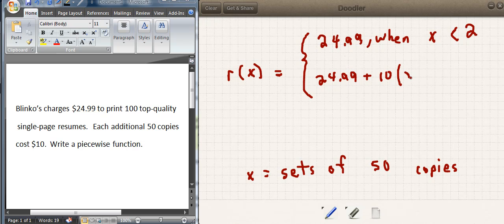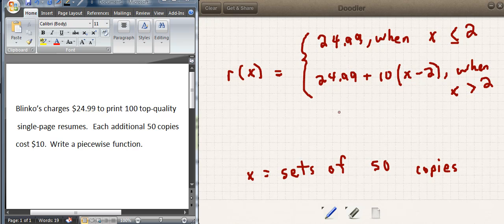So can I say X minus 2 when X is greater than, this one should be less than or equal to 2. This one should be X is greater than 2 because we're referring to basically 3 or more. So if it's 3 copies, it'll be 3.